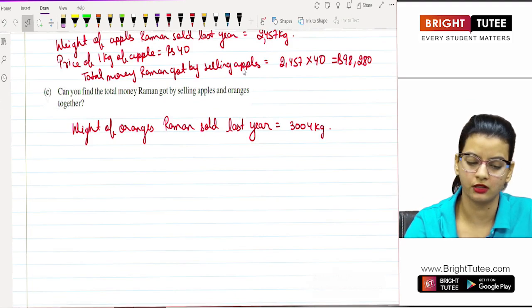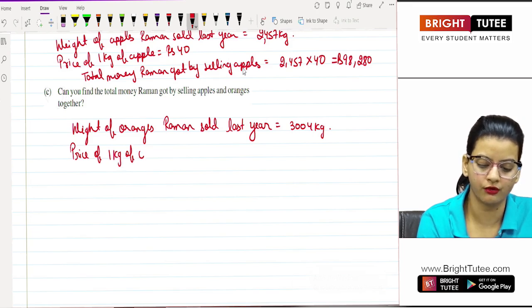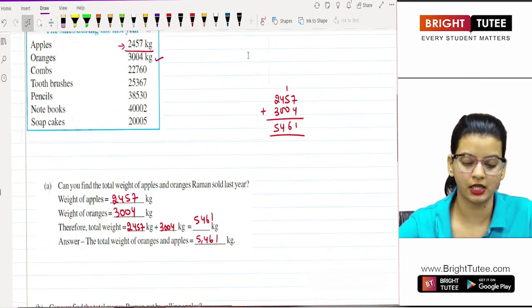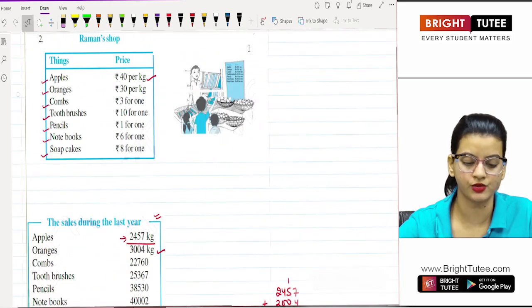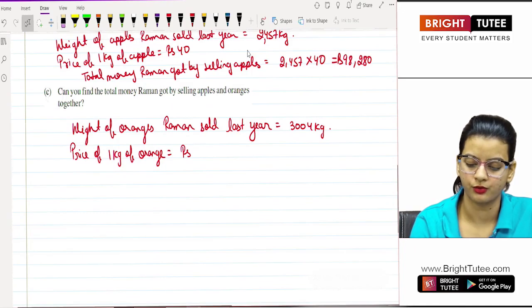Price of 1 kg of orange, from the table we can see, is rupees 30 per kg.